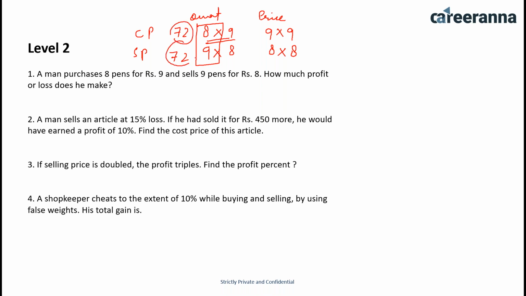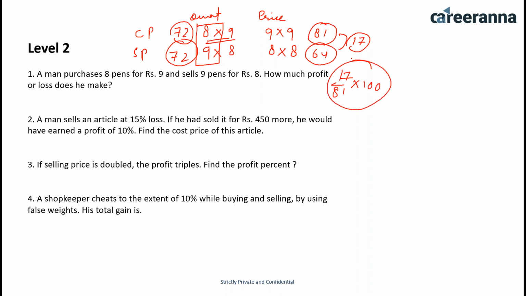So quantities are same now. So it will be 81. It is 64. So cost price is 81. Selling price is 64. What is the difference? 17. So this is loss. 17 divided by 81 multiplied by 100. This is what we were solving. Is it clear?